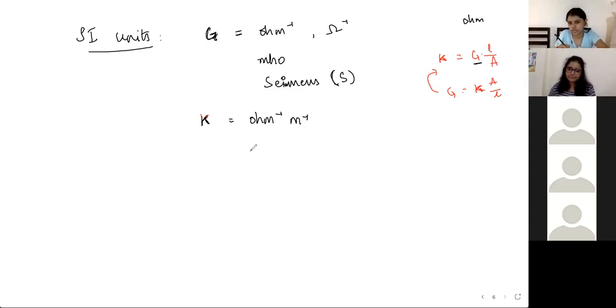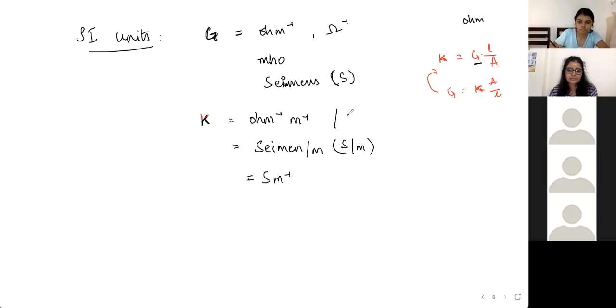Siemens per meter, or you can write it as S m inverse. So these are all the SI units.